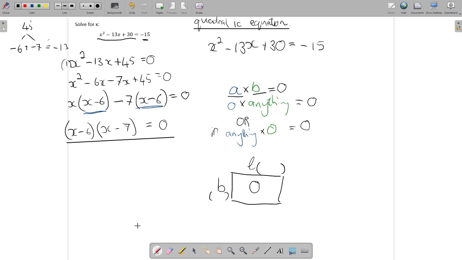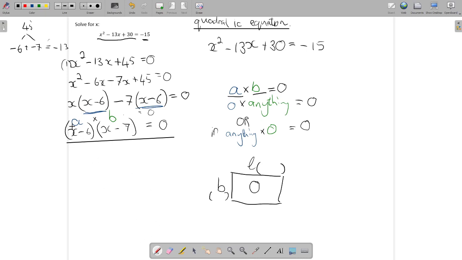Okay, so now my equation is in the form a times b is equal to 0. Can you see we've got it in the same form? So we can say our answers are as follows.